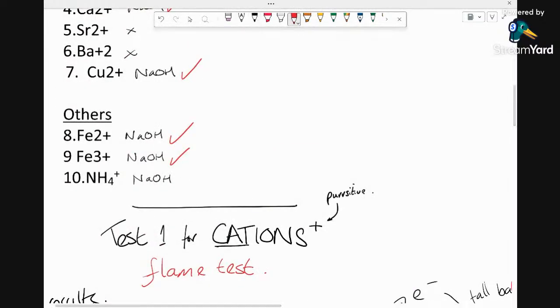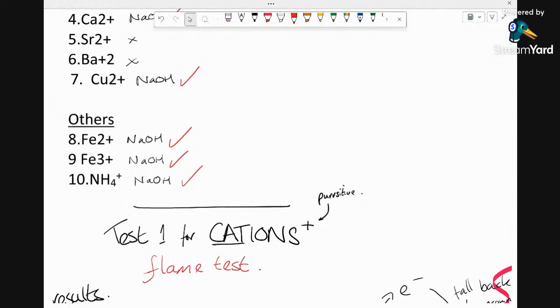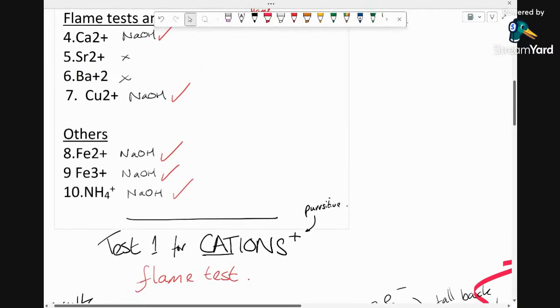Now, the big question is, what other tests are there? This is an interesting one at this stage, folks, because I'm going to link a lot of these together in order to show you that there are some alternative tests. The main one is the carbonate test.